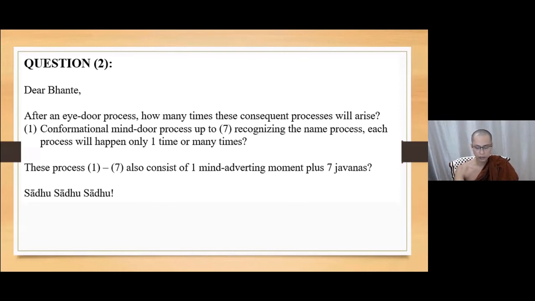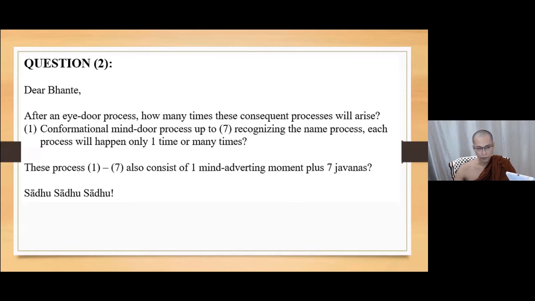The first one just follows and takes whatever the former physical process took. The difference is just present and past. At the moment of the process of the physical door, the object is present, and in the number 1 conformational mind door process, the object is past.